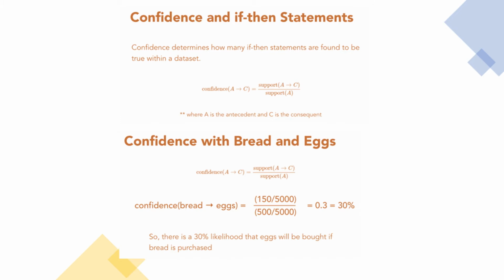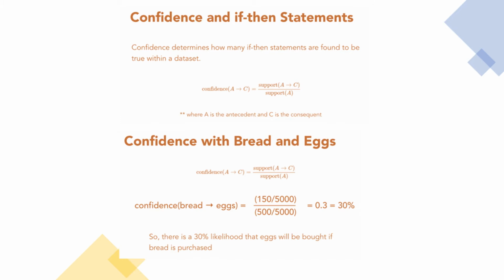Using the bread and butter example, the likelihood of buying eggs when bread is bought is calculated out to be 30%, meaning that there is a 30% likelihood that eggs will be bought when bread is bought. We generated that number by first calculating the proportion of transactions that were both bread and eggs.